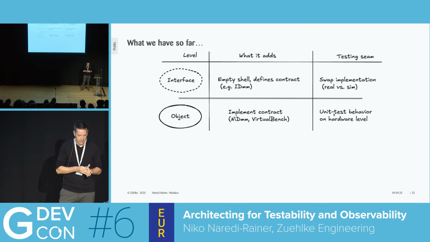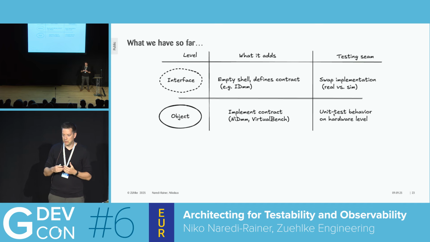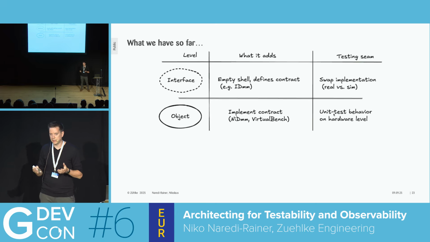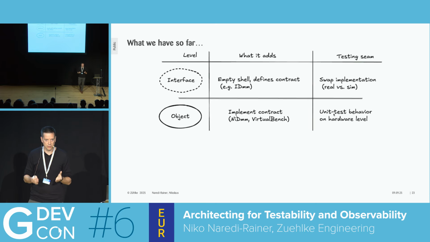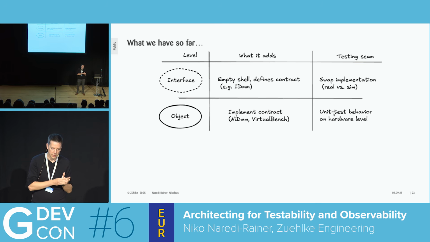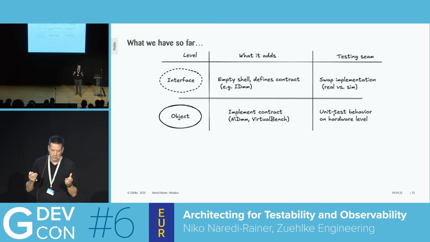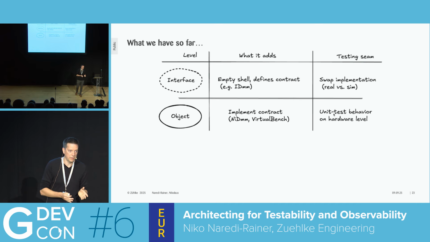where we implement that contract. So you have the Keysight DMM, NI DMM, VirtualBench, a simulated one that actually implements that interface. And this is where I do my unit testing on the hardware. I often get the question, how do you split unit testing on the hardware versus, for example, in a CI pipeline? And the thing is, I do my unit testing on the hardware on that level.